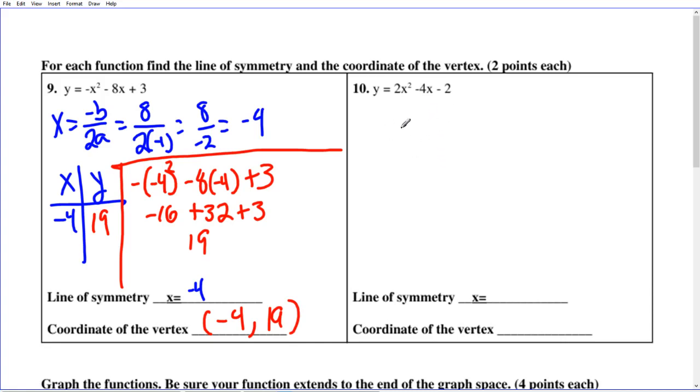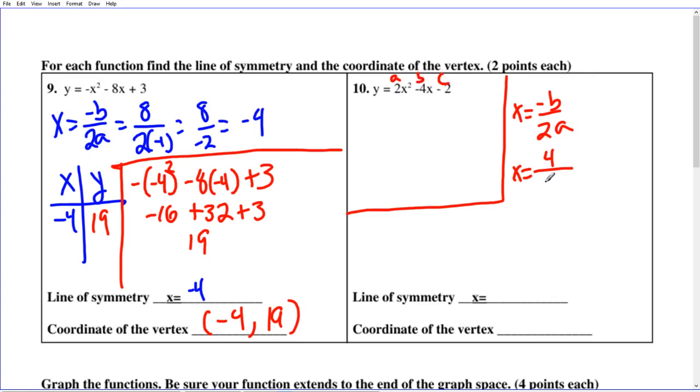Number 10, same deal. I'll save myself some space to do the work for the coordinate over there. So x equals opposite of b over 2a. X equals, let's see, b is -4, so the opposite of -4 is +4, over 2 times 2, my a value is 2. So 2 times 2 is 4, giving me 1. My line of symmetry is x equals 1.